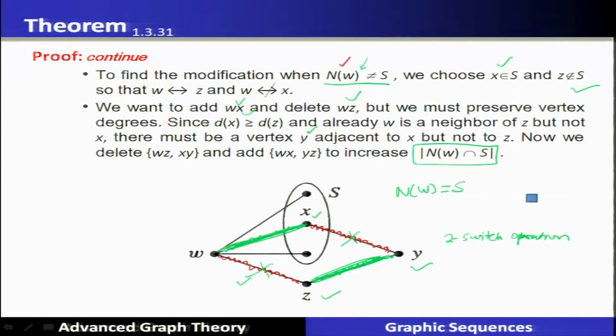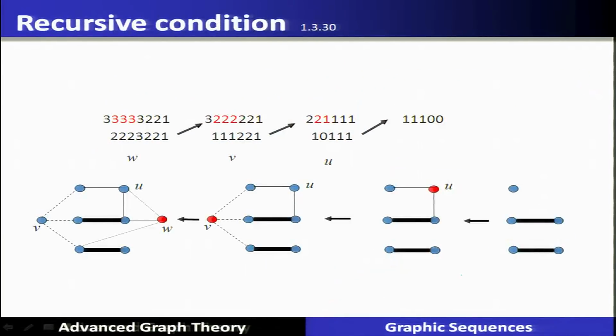In another way, we can understand this with a particular degree sequence, let us say 3, 3, 3, 3, 1. In this example, 3 and its 3 neighbors have degree 3, 3, 3.